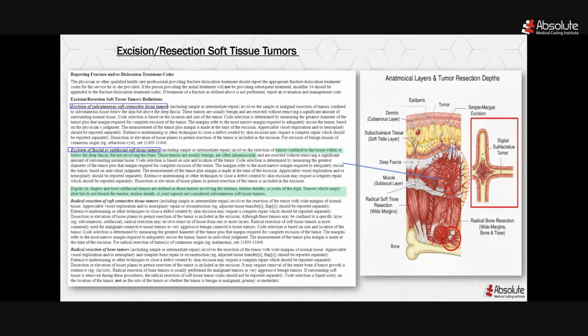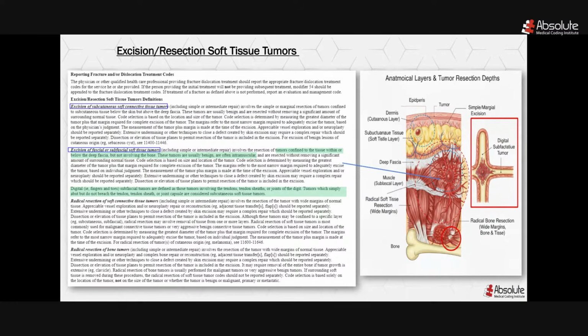These tumors involve the tendon sheath and the joints of the digit. If the tumor actually involves the tendon sheath and/or joint, it is considered a subfascial tumor.